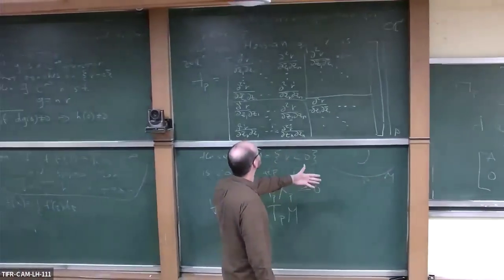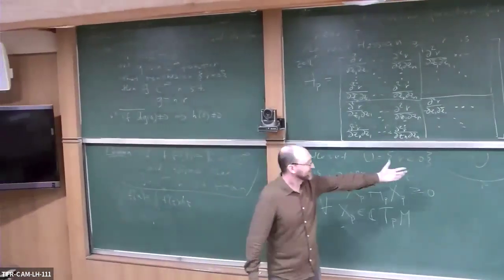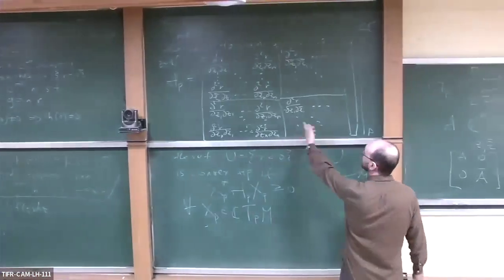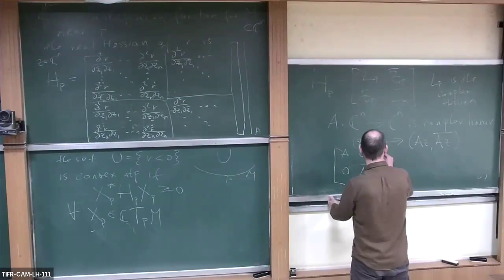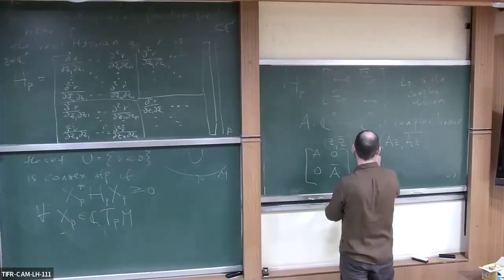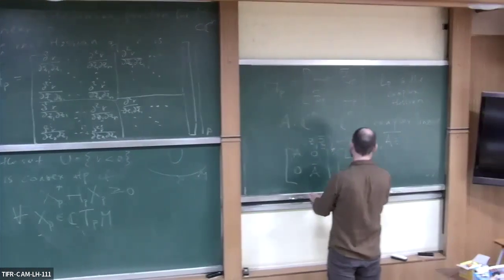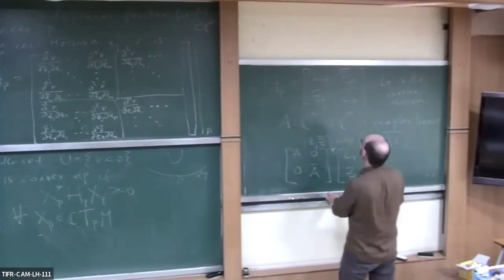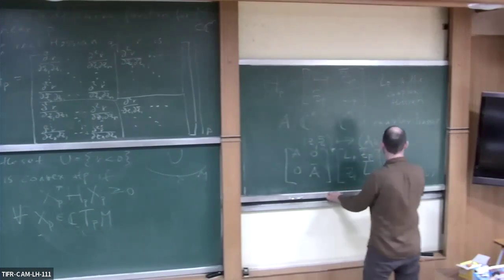So if I see how this changes under this matrix, really what I'm doing is taking the star of this and then doing this matrix in there, and then this matrix again.